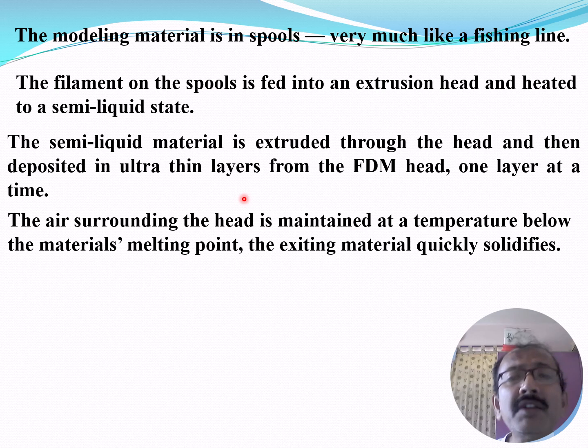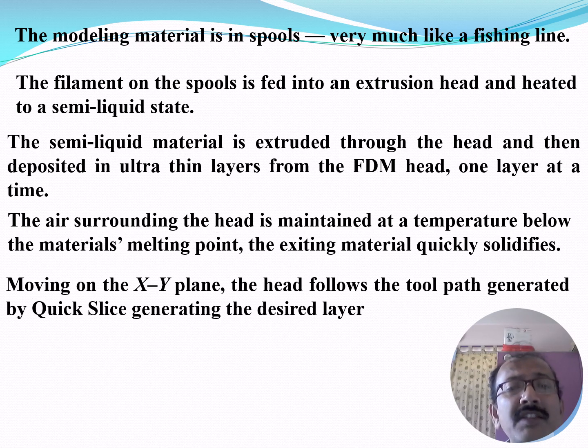The semi-liquid material is extruded through the head and then deposited in an ultra-thin layer from the FDM head, one layer at a time. The air surrounding the head is maintained at a temperature below the material melting point. The extruded material quickly solidifies.